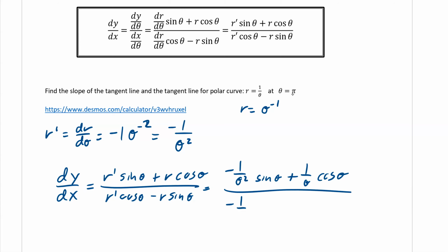And then again, negative 1 over theta squared cosine theta minus 1 over theta sine theta. So again, it's sine, cosine, cosine, sine, r prime r, r prime r. And there we go. Now we can multiply everything by theta squared if we wanted to simplify this some more.